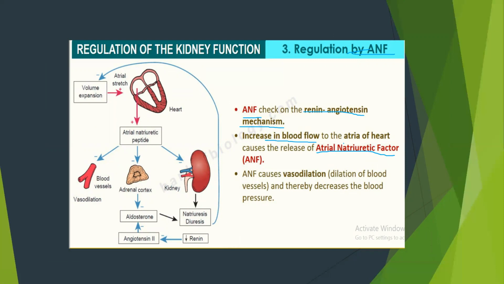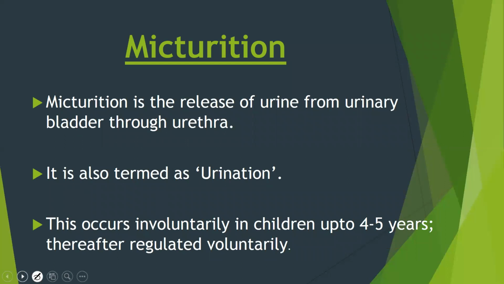Increase in blood flow to the atria of the heart releases this ANF, and this ANF causes vasodilation, that is dilation of the blood vessels. The blood vessels dilate, or you can say relax, and thus the blood pressure decreases. So these are the three ways by which the kidney function is regulated.